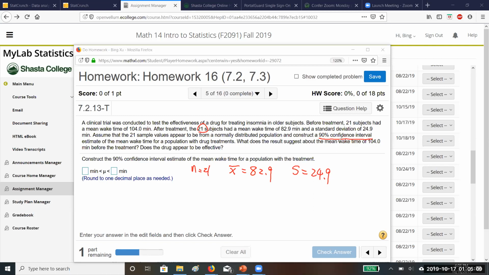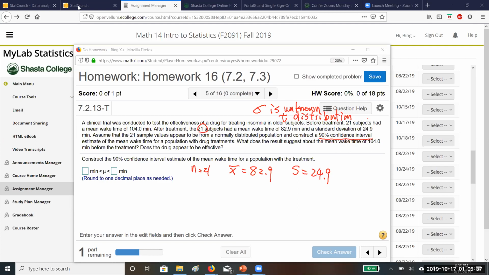All right. So here, since the population standard deviation sigma is unknown and we're looking for the population mean, we use t distribution instead of z distribution. Okay, so where do we go on StatCrunch?